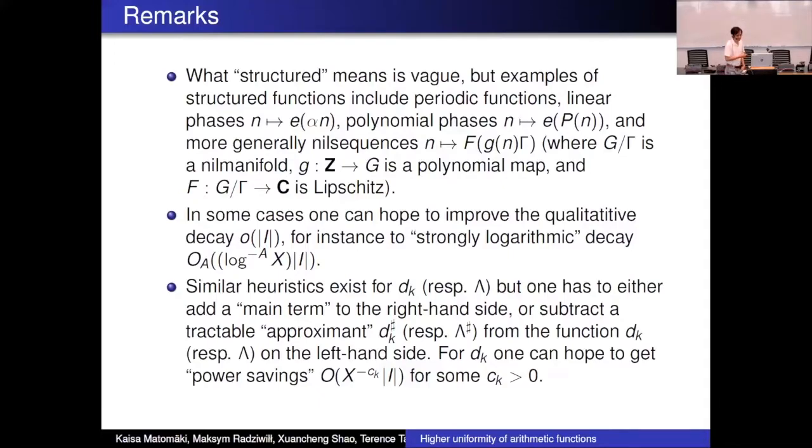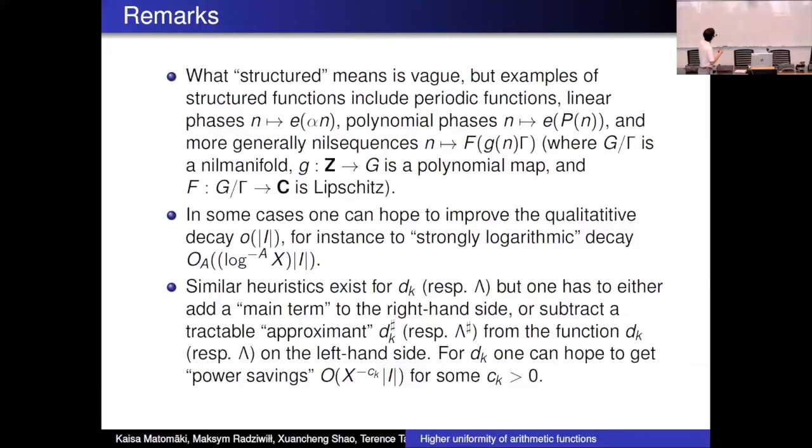And then, as we have learned from modern additive combinatorics, there's a wider class of structured functions that are important when you want to do things like solve linear equations, called nilsequences. So instead of taking a polynomial taking values in the unit torus, which is what the classical polynomial phase is, you take a polynomial taking values in a nilpotent group, and then you quotient it out to a nilmanifold.